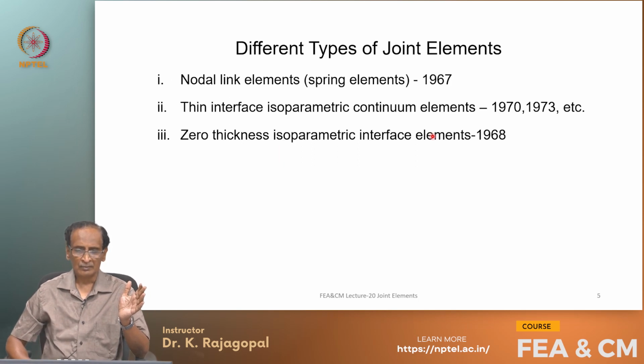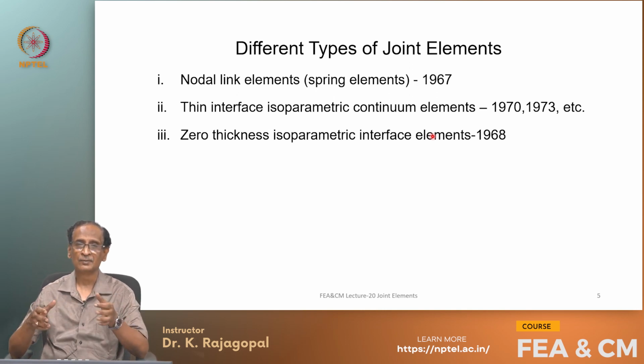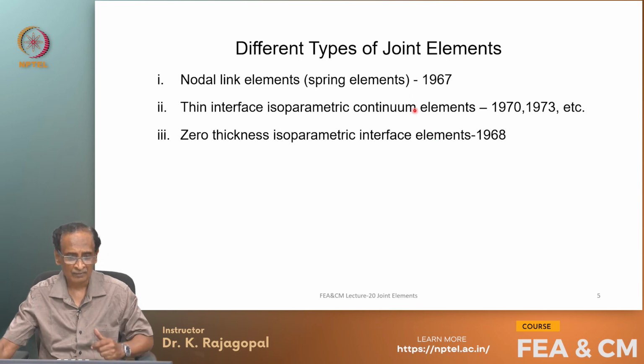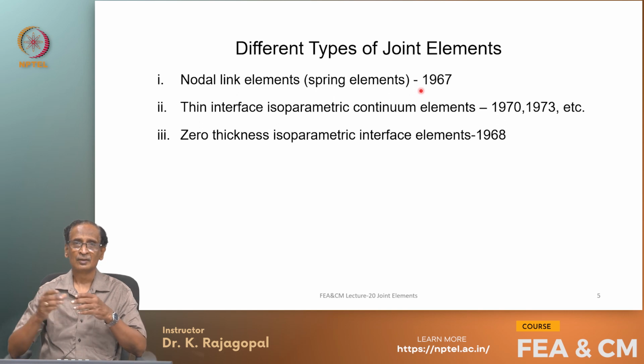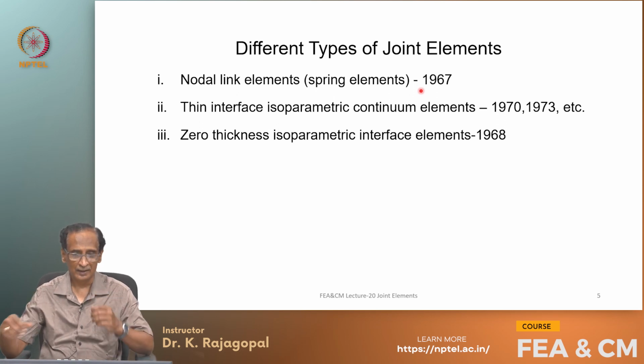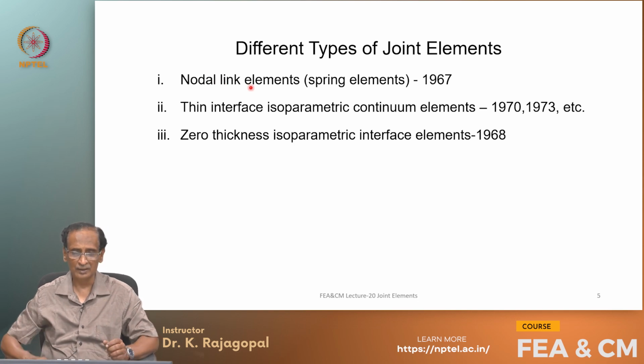So, there are different types of joint elements that have been developed in the past 50-60 years. Originally in 1967, it was not exactly the joint element that we know as of now, but it was to simulate the slip between reinforced concrete and the steel reinforcement, and they called these elements nodal link elements.